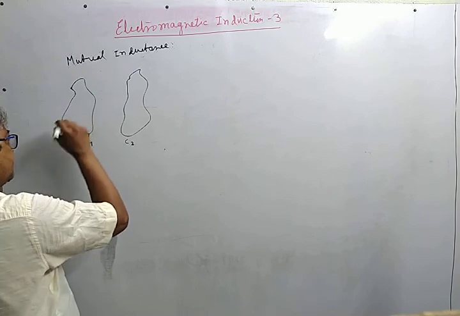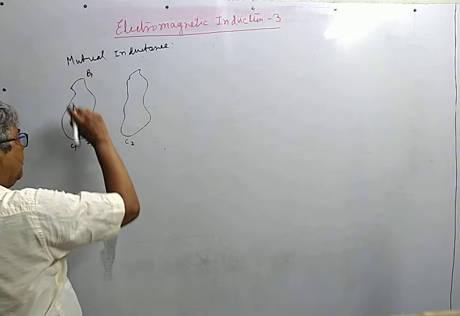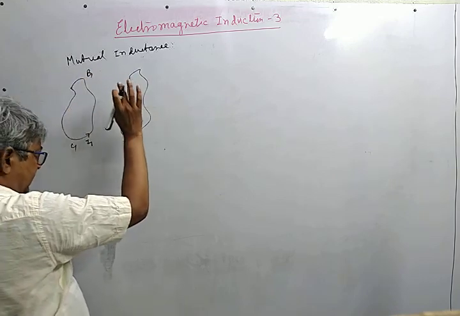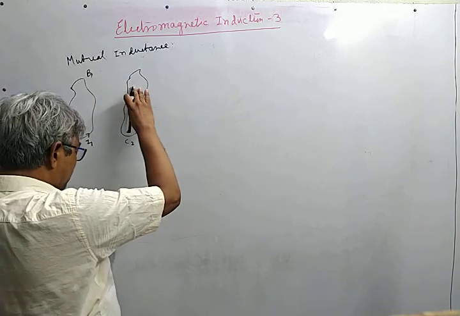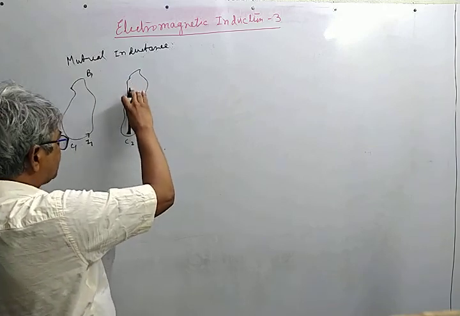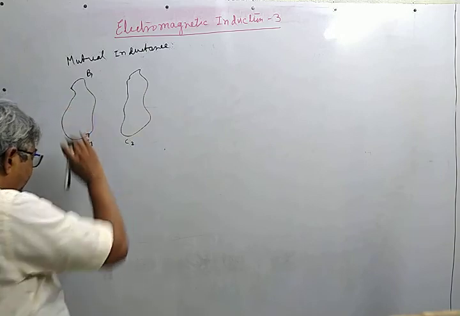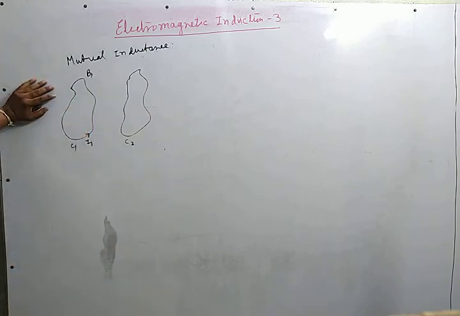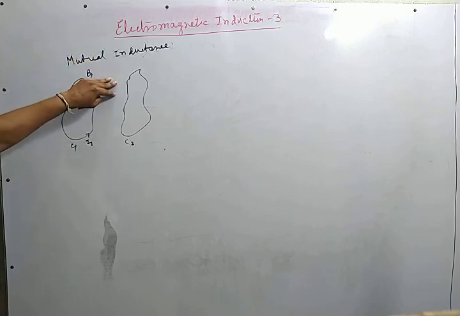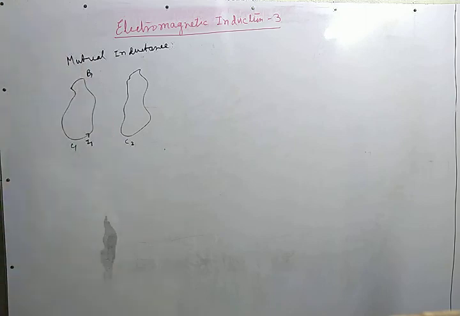The magnetic field is called B1. This flux will cross the surface area 2. So if a current I1 flows through the conductor 1, which is in the form of a closed loop, then it will produce a magnetic field in its neighborhood, and some of the magnetic field crosses the loop 2. So flux will be linked with 2.